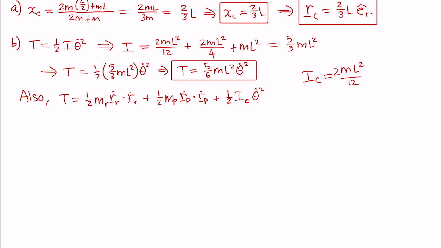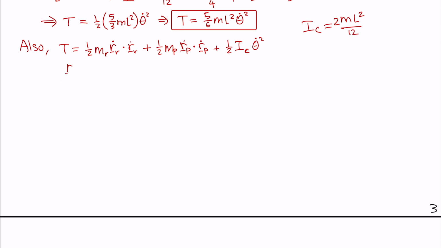Okay, so this r dot R is going to be equal to L over 2 theta dot e-hat theta. We're using polar coordinates here. I skipped all of that kinematics. For the point mass, r dot P is going to be equal to L theta dot e-hat theta.